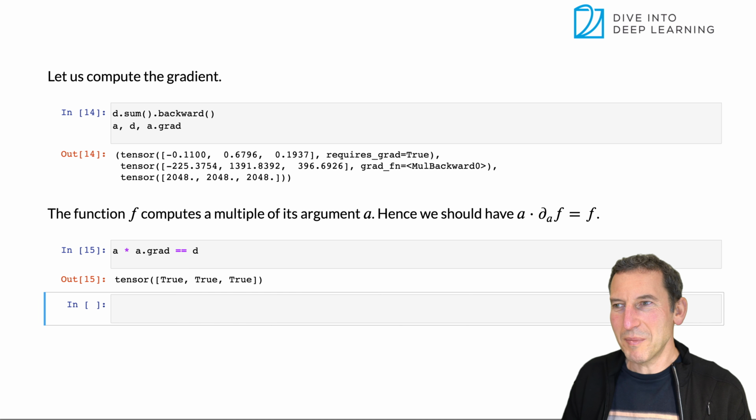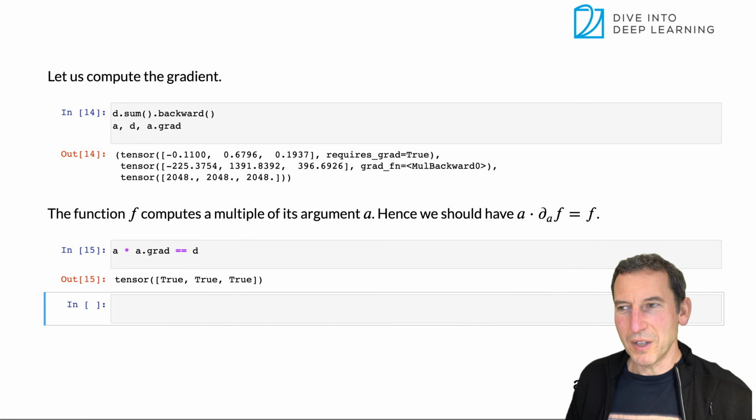But to drive home the message, what really happens here is that I computed the gradient with regard to non-trivial control flow. And since this is all nicely being tracked through Python in PyTorch, I can easily go and compute the gradients and everything in the end. And so this is why autograd is really useful.